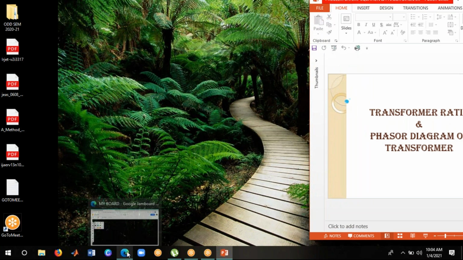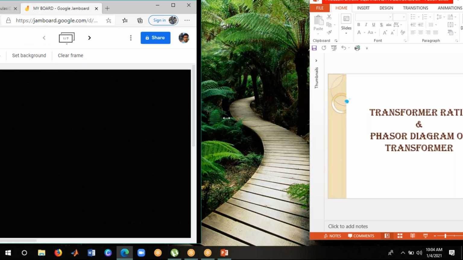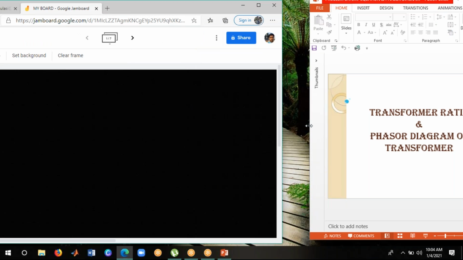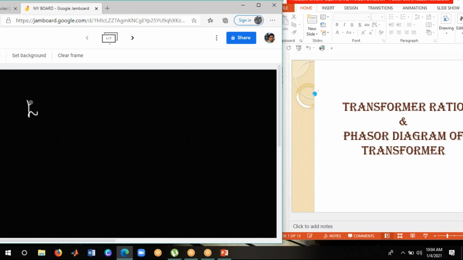Right. Can you tell me the EMF equation of a transformer with respect to primary and secondary? What is the EMF equation of a transformer? That is E1. How can we write it?